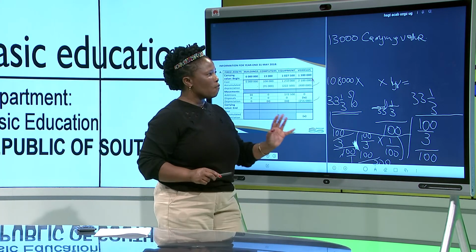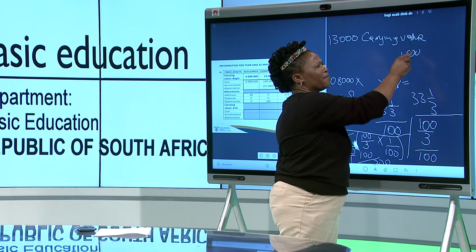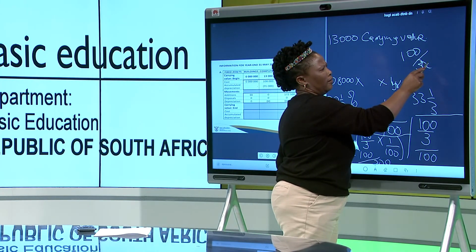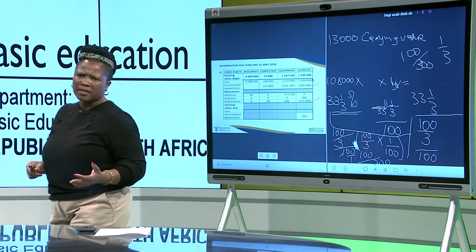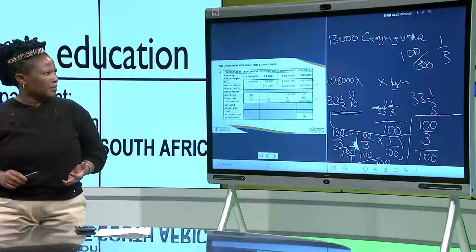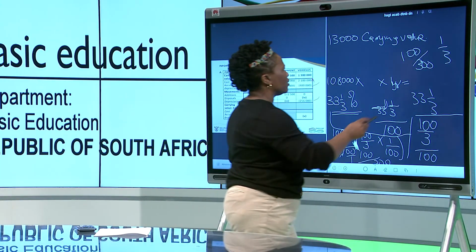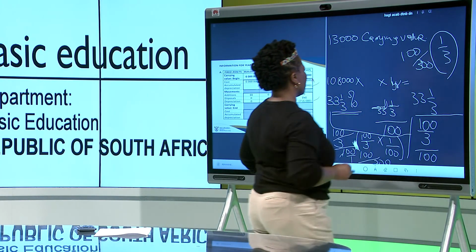You can simplify this further and say 1 over 3, because 33⅓ is actually a third. So in your calculations, you can just use 1 over 3 if you want.